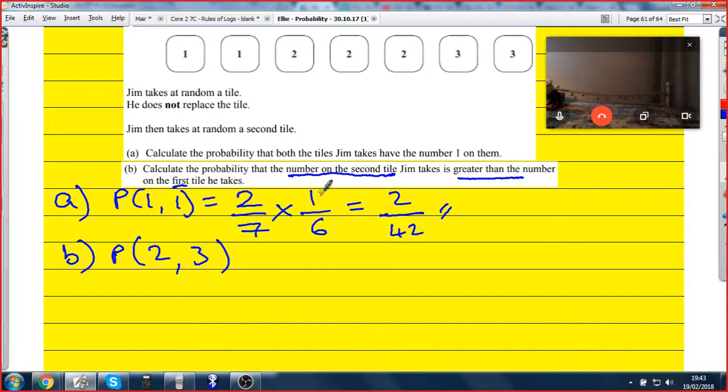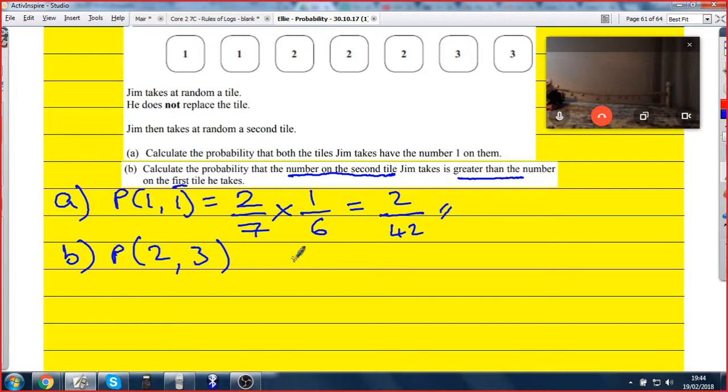I thought it meant like, wait, so would 2 and 2 not be 1? That would be if the second card was the same as the first. They said the second tile has to be greater than the first. 3 and 3. That's the same. So this one was correct. So first he takes a 2, then he takes a 3. So the second one is bigger than the first.